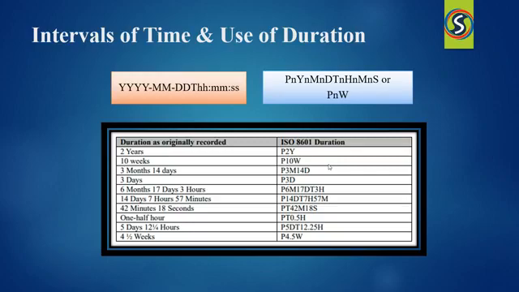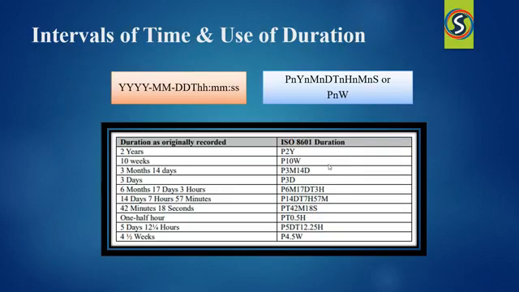Then 6 months 17 days 3 hours. So you can represent as P6M17D, time separator you have to include, then write 3 hours, that is 3H. 14 days 7 hours 57 minutes, then you can write P14D, then time separator T, 7H57M.